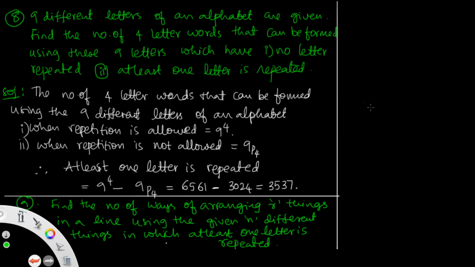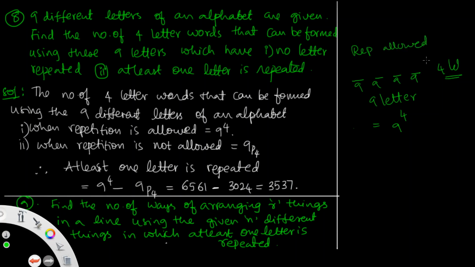So to form a 4-letter word using the 9 given letters, when repetitions are allowed, each place can be done in 9 ways. The maximum value is 9 power 4. So this is when repetitions are allowed.